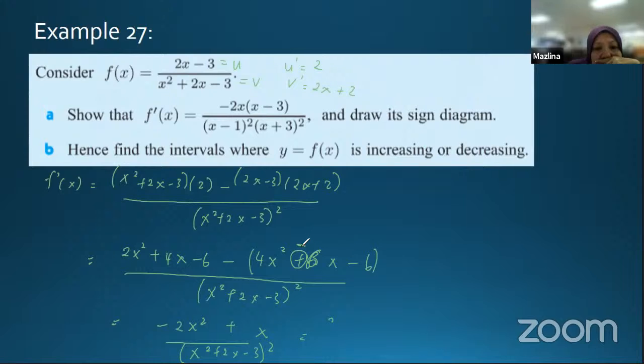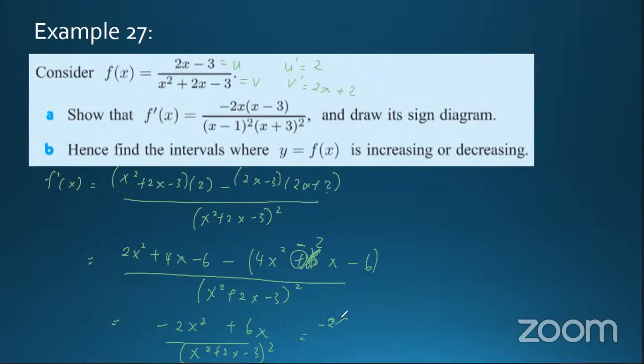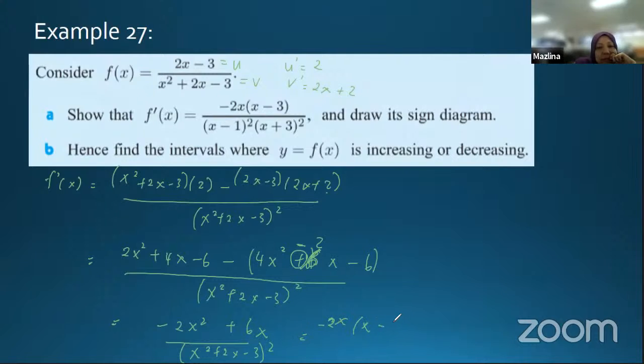Is this negative or positive? Positive, so it becomes negative 2, teacher. So it becomes 4 plus 2, 6x. Okay, so you get negative 2x times (x minus 3). So you factorize down there: (x minus 1)(x plus 3).